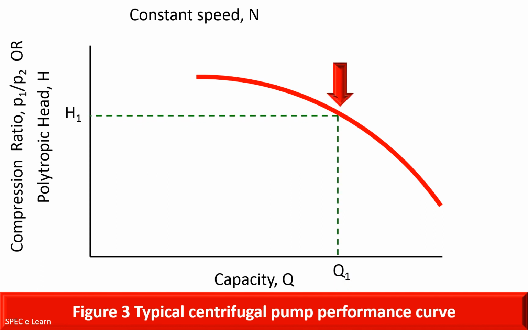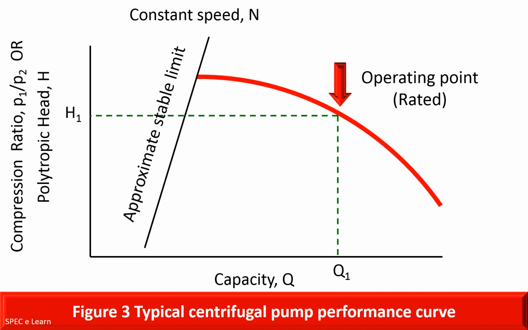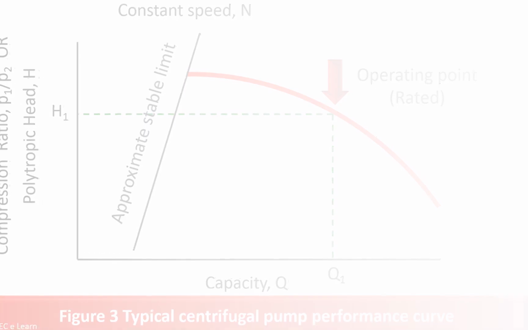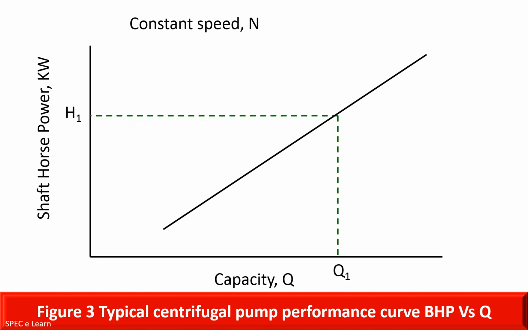Operating point is what the process requirement is, which you have specified. We will discuss the compressor characteristics in detail in another session. Another important characteristic curve for centrifugal compressor is shaft power versus capacity. The figure shown here is an illustration of power versus capacity for a centrifugal compressor.